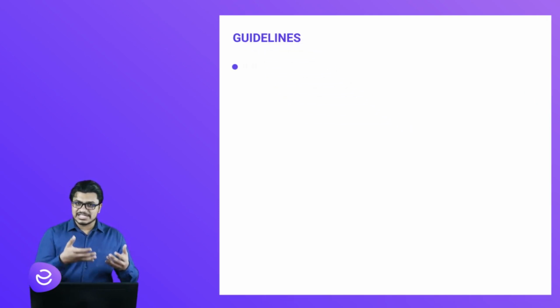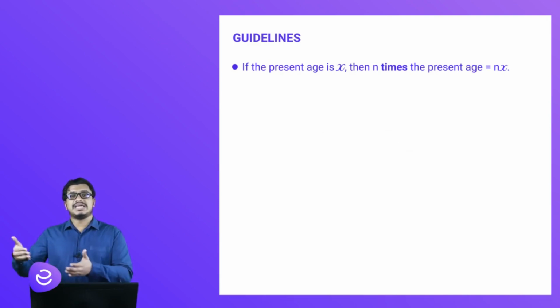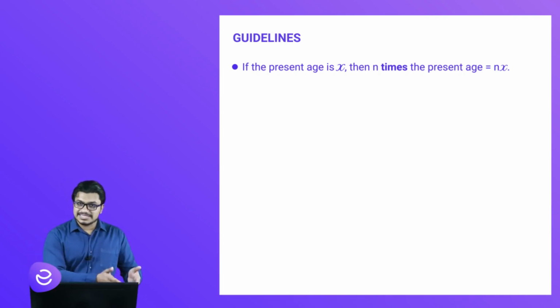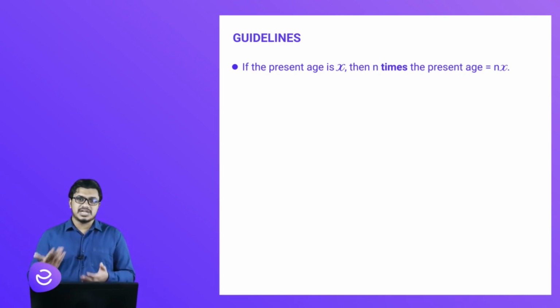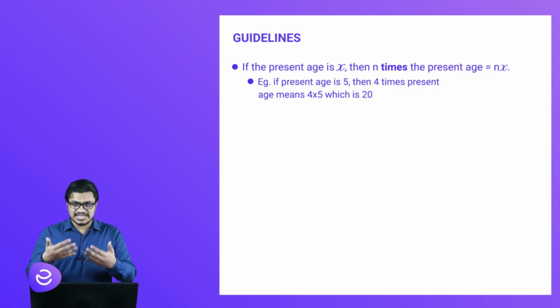If the present age is x, then sometimes in the questions it will be 3 times the age. Times means multiplication. So if the present age is x, then n times, where n can be any number, 5 times, 3 times, 2.5 times, 3.5 times, the present age will be nx.